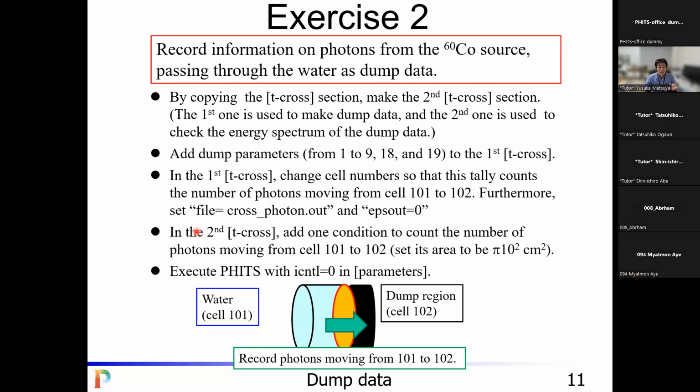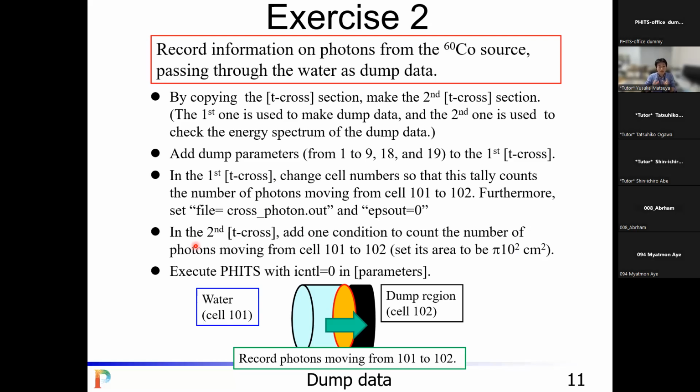Fourth, in the second T-cross tally, please add one condition to count the number of photons moving from cell ID number 101 to 102.